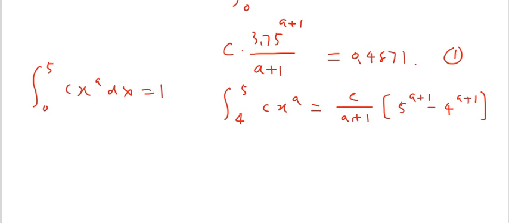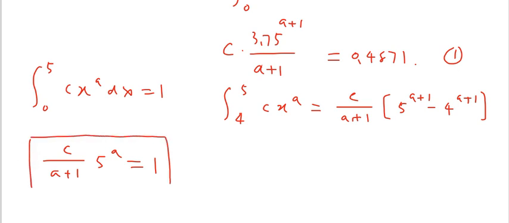So this is just equal to 1 minus C over A plus 1 times 4 to the A plus 1. Okay, so we need to find this.